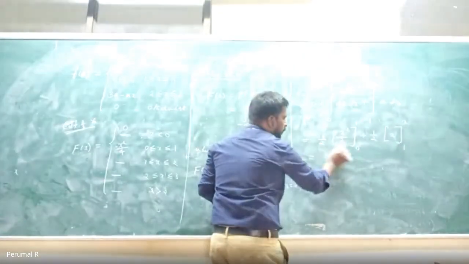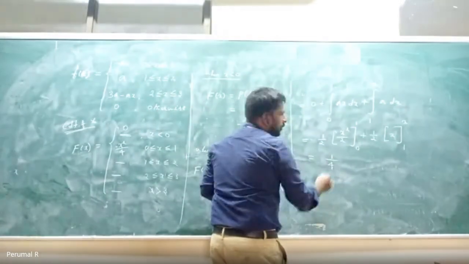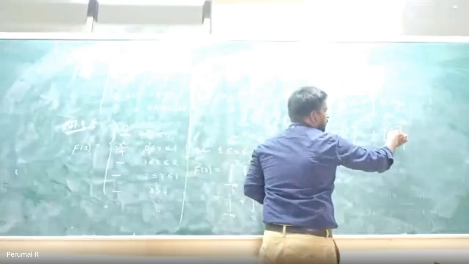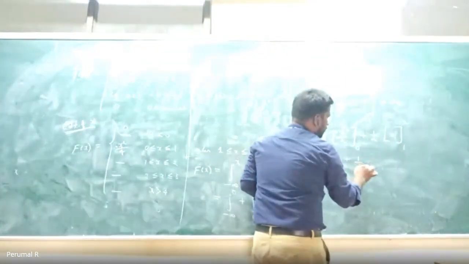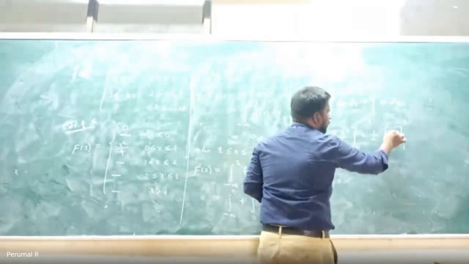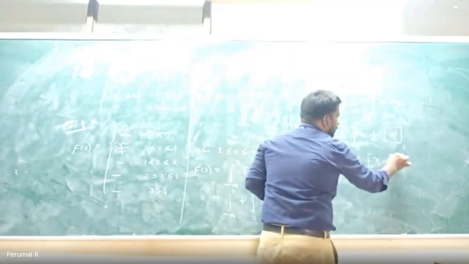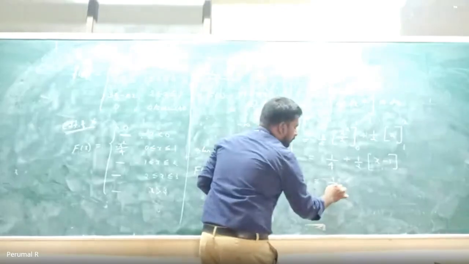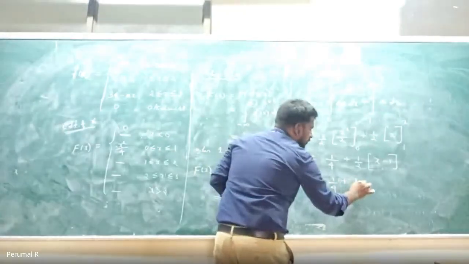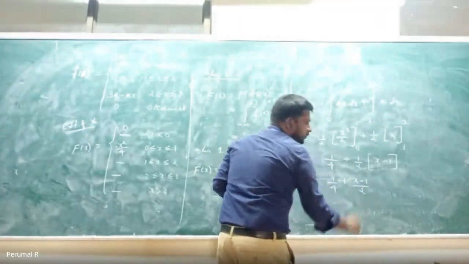Therefore we get 1 by 4, and here you replace x by x, so 1 by 2 into x, upper limit x, lower limit 1. So 1 by 4 plus x minus 1 by 2.